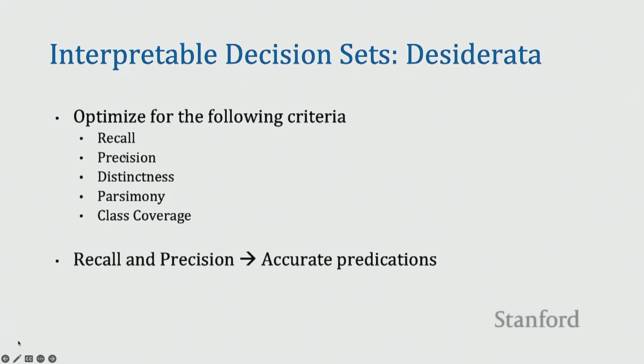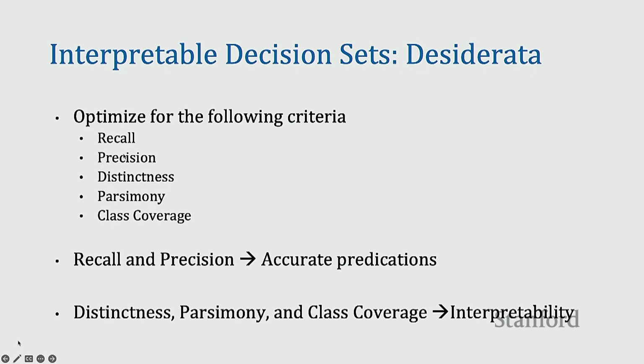Recall and precision are important for accurate predictions, and distinctness, parsimony, and covering all the classes are important for interpretability. Just bear with me as we go over some of the terms here, because these are the building blocks of a lot of the things we'll talk about later, and we will refer back to them.